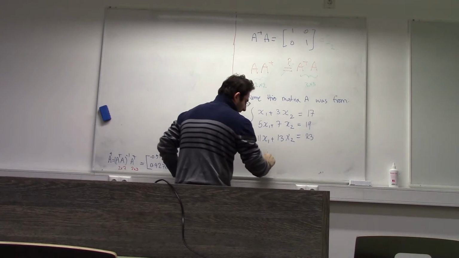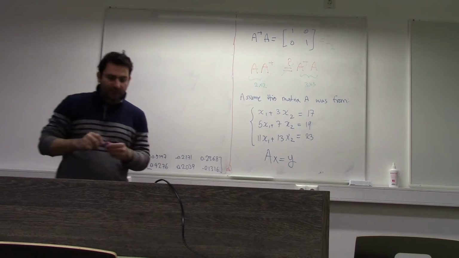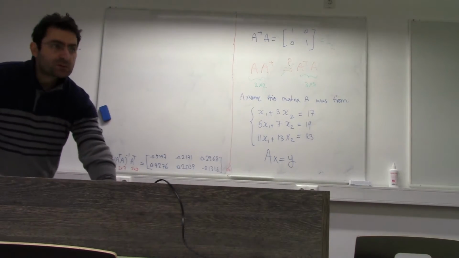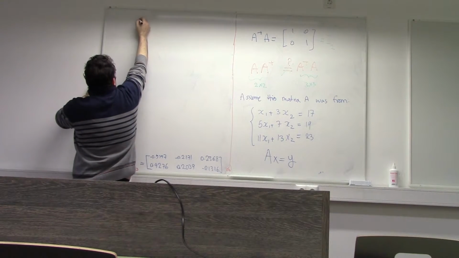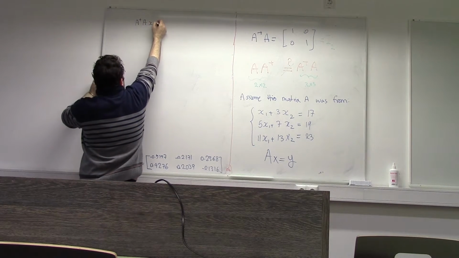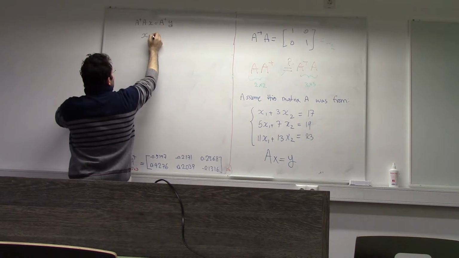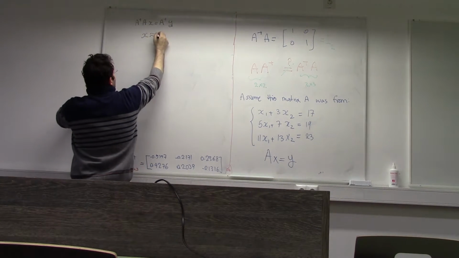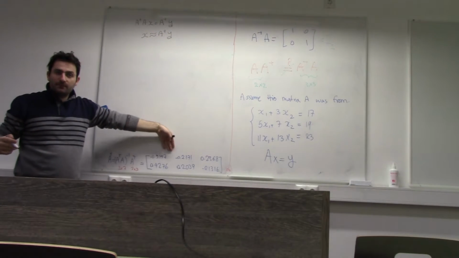So we had Ax is equal to y. Then in order to find the pseudo-inverse, we said what we are doing is this. We say that A plus Ax is equal to A plus y. This was I, so x is roughly A plus y. A plus, we just calculated it.